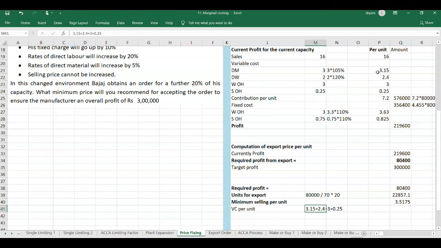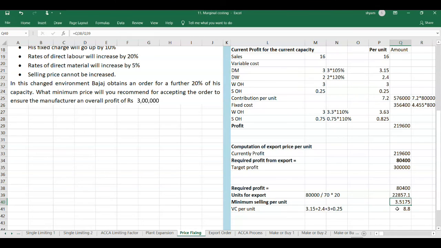All of these variable costs put together, to produce the product itself, takes 8.8 per unit. So the selling price that they are asking, that we want, cannot be 3.5.